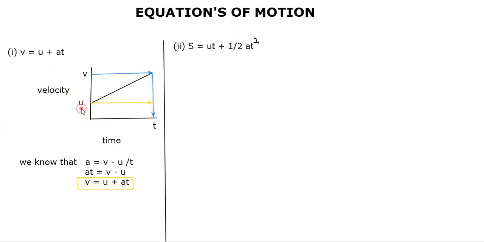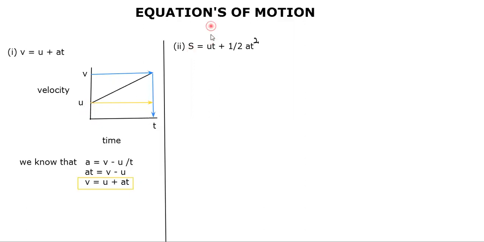Area of triangle is half base into height. See, base is equal to t and height is this much, which is equal to v minus u. And for the rectangle, the length would be 0 to t, that is t, and the width, or you can say breadth, can be u, from 0 to u.